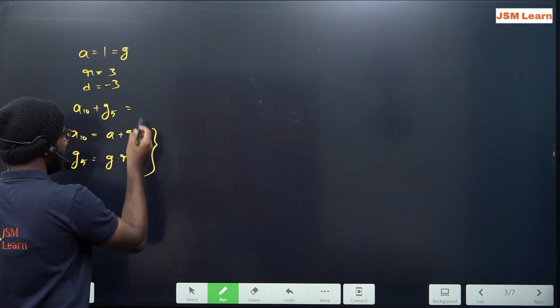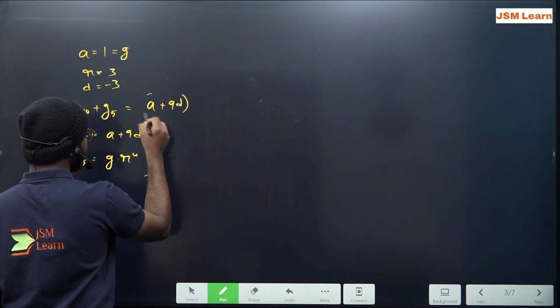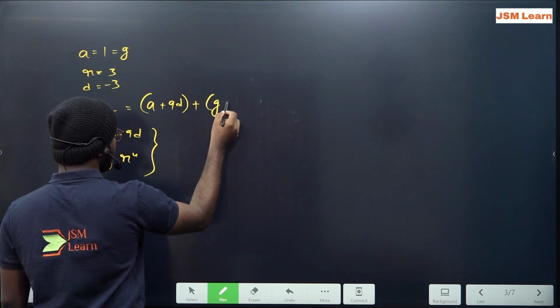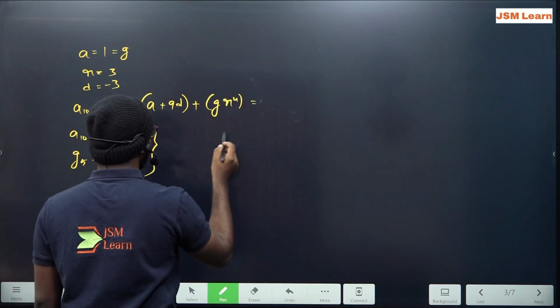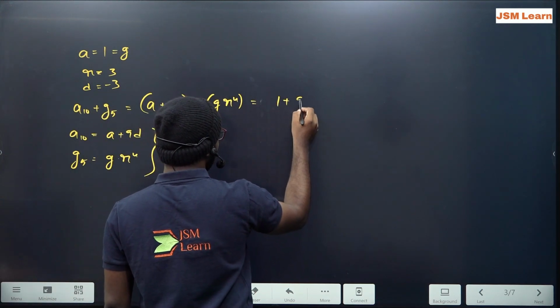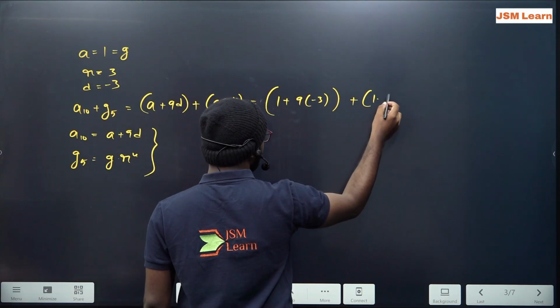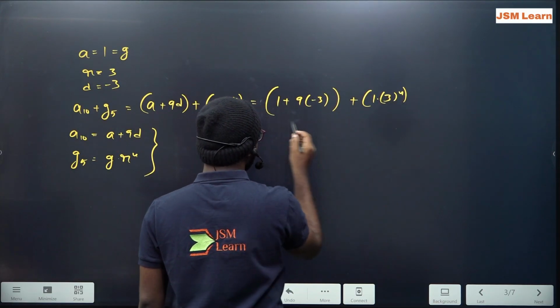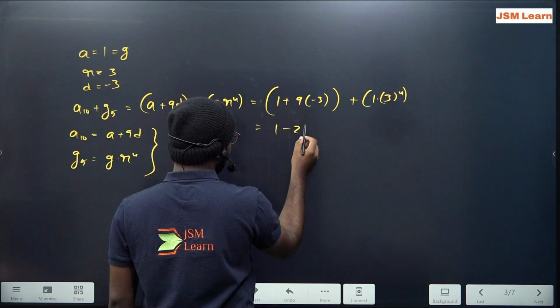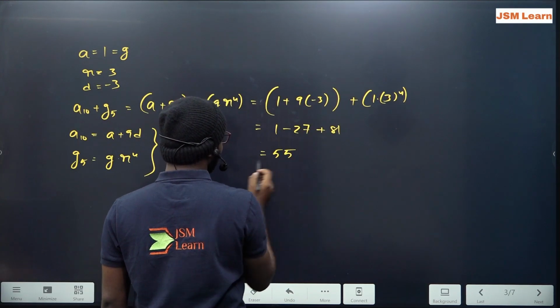So by substituting these two, we can write A plus 9D plus G into R to the power 4. By substituting all these values, we get 1 plus 9 times minus 3 plus 1 into 3 power 4. On simplifying this, we will get 1 minus 27 plus 81, that is equal to 55.